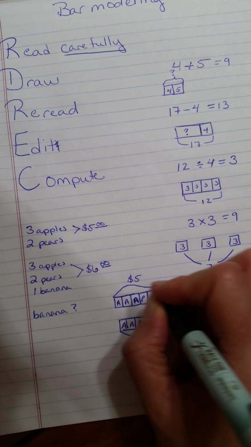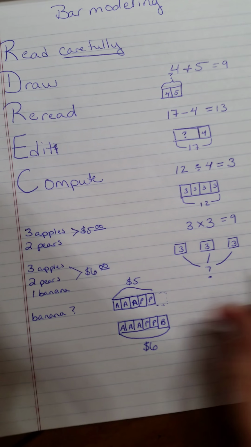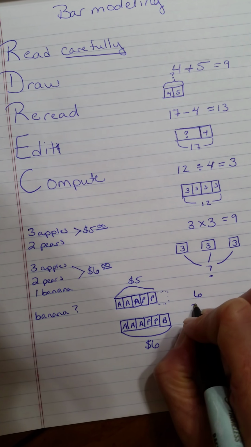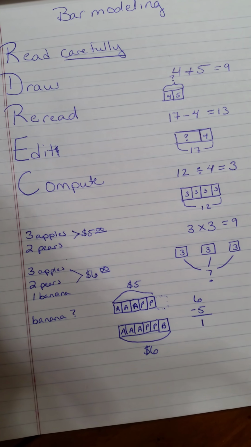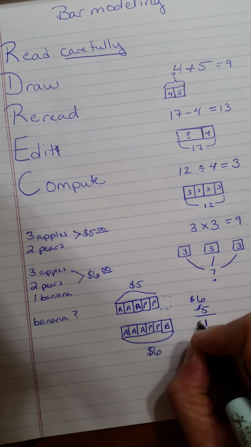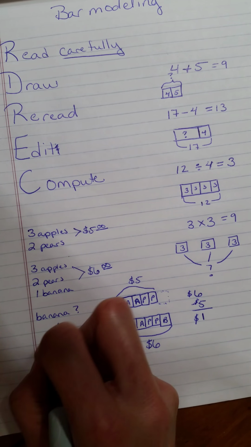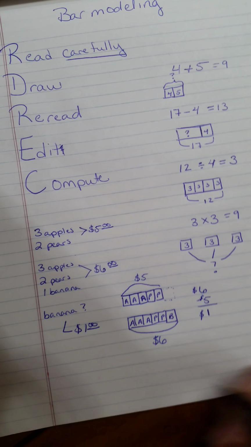It's just what's the difference between this 5 and this 6. So that's when I know I'm going to be setting myself up, because I said the word difference for subtraction, and I can see that $6 minus $5 is $1. So my banana cost $1.